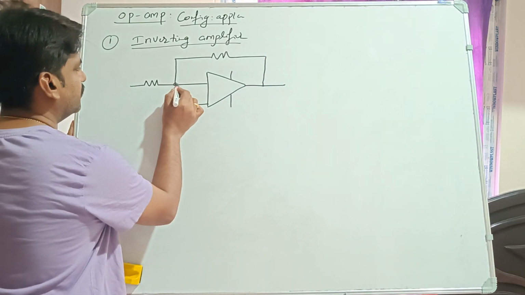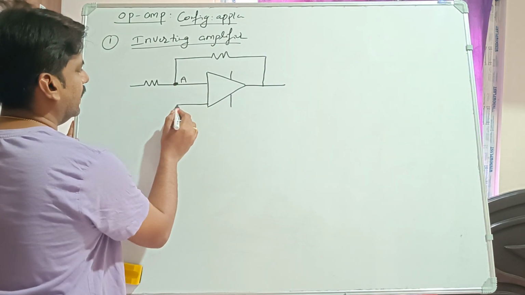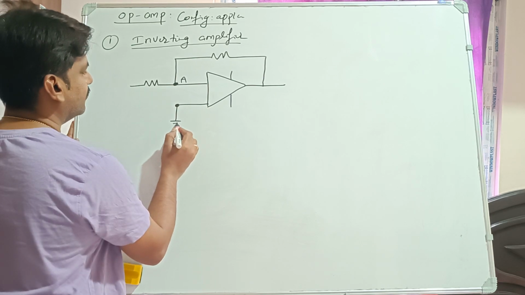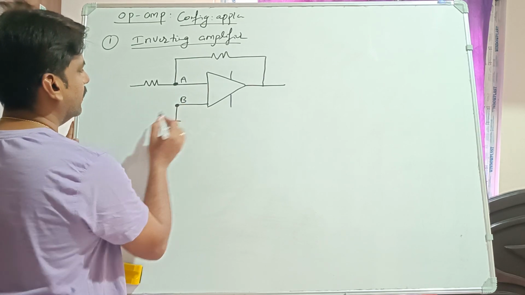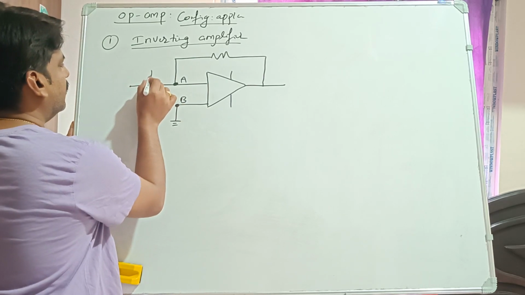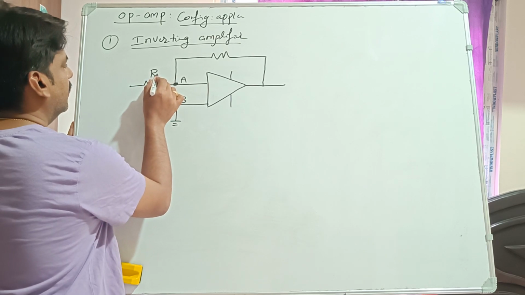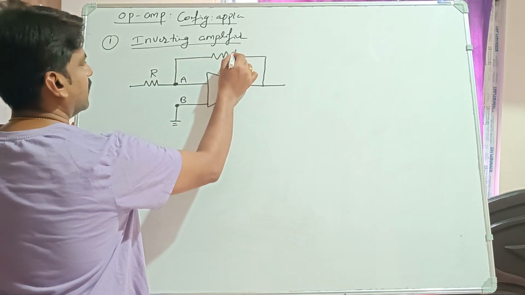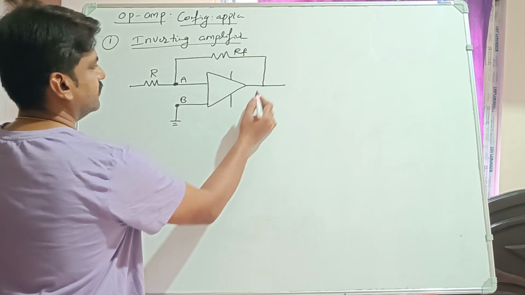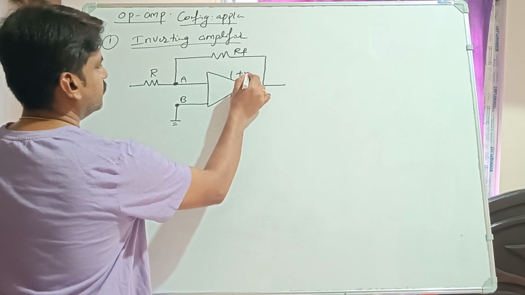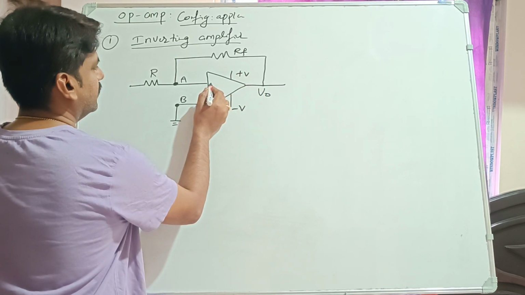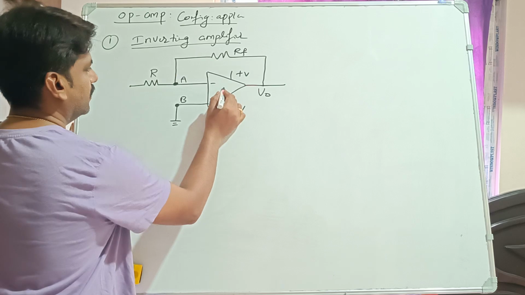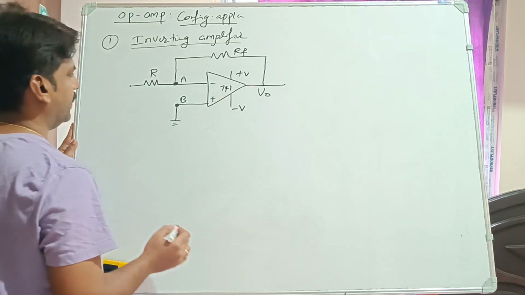So here I will call this point A, and this point I will call point B, right? So this one I will call R, and this RF, the feedback resistance. This is the output, this is plus V and this is minus V. This is minus and this is plus. This is a 741 op-amp, right?